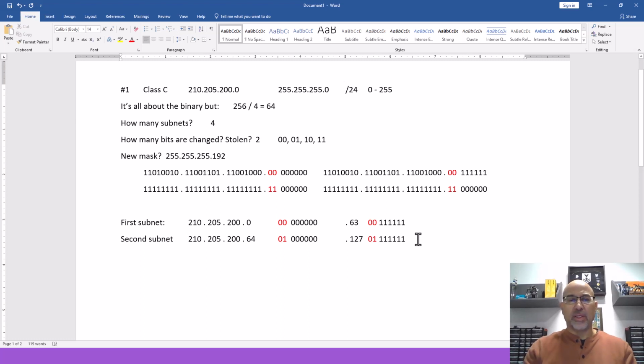All right, what is the third subnet? And to make my life easier, we'll just copy this. Well, what's one more than 127? It's 128. Well, what does that look like in binary? It looks like this.